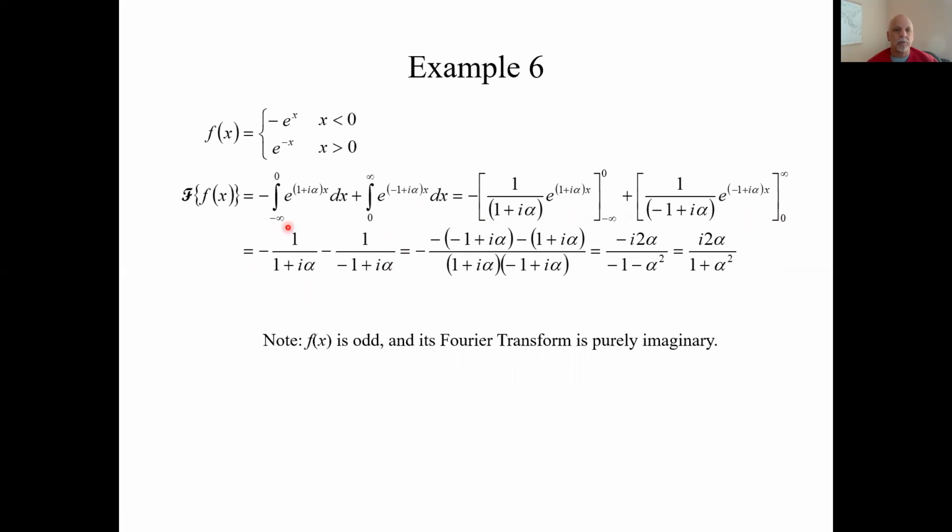Here's an answer, and we're almost there. Let's at least get it all over a common denominator, which simplifies to this. Get rid of the minus sign. Here's the answer. Notice this is all imaginary. For an odd function, you get a purely imaginary answer for the Fourier transform.